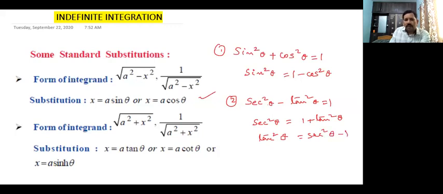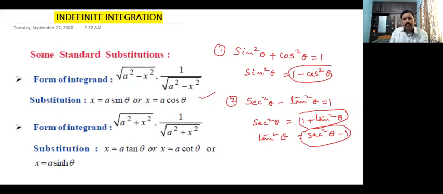Here 1 plus x square or x square minus 1, these are the differences observed. Here 1 minus cos square theta, 1 minus sin square theta. If there is a minus, and x is in the second place, it means we will take either sin or cos.